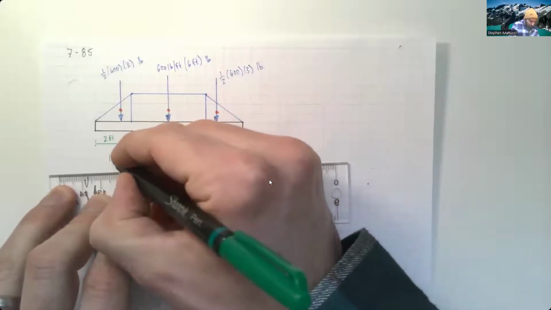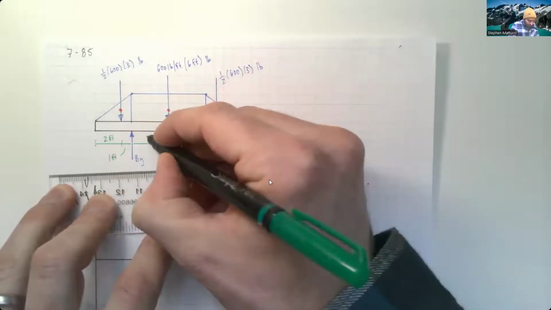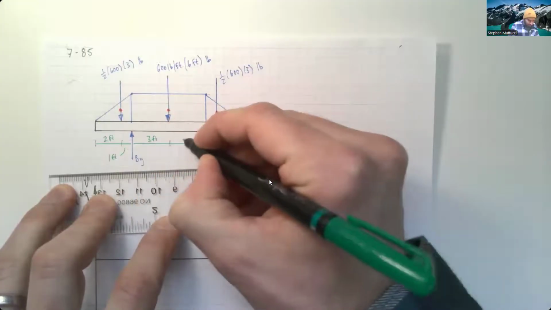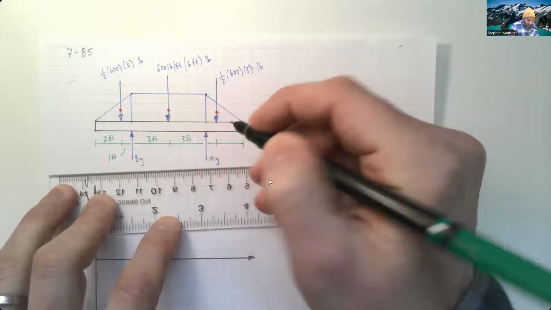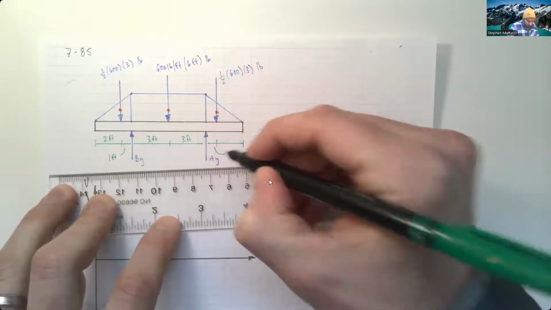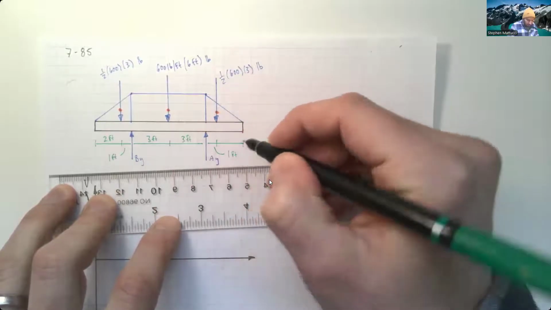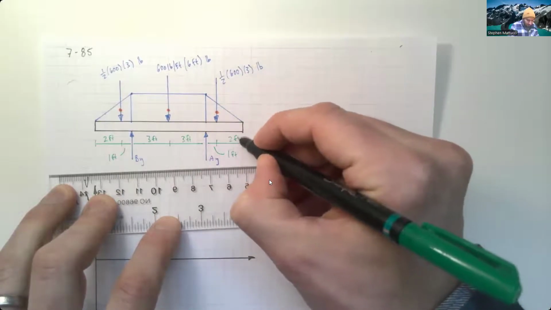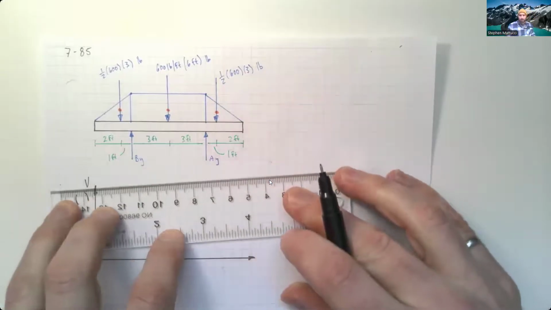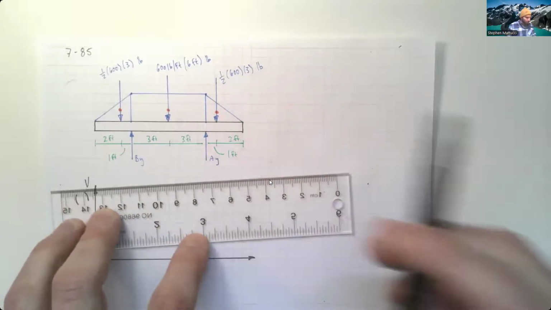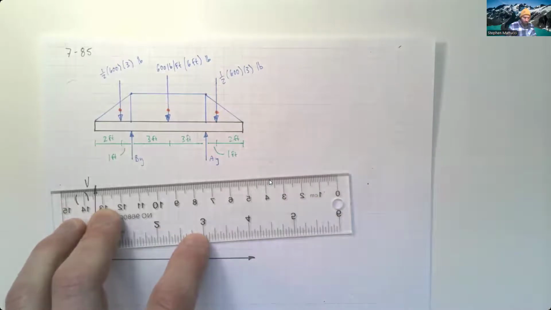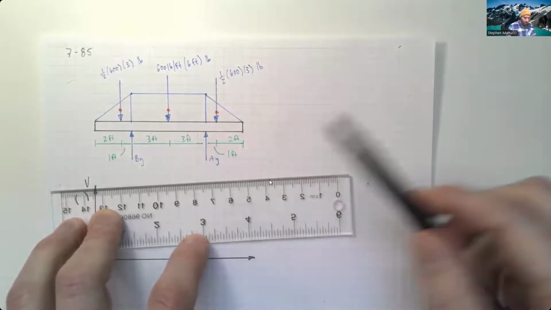This is going to be 1 foot. This will be 3 feet. This will be 3 feet. This in here will be 1 foot, and this will be 2 feet. So we can see each of these. So now we've got our free body diagram drawn out.